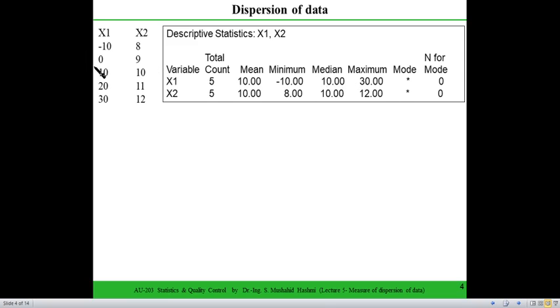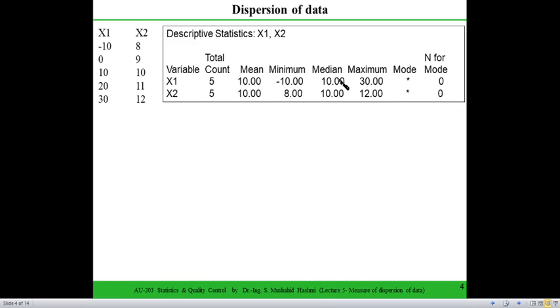The middle value is this 10 because it's an odd number. So these two and these two are the other extremes, the lower half and the upper half, and this 10 is the median value. No data is repeating in either x1 or x2, so the mode doesn't exist.